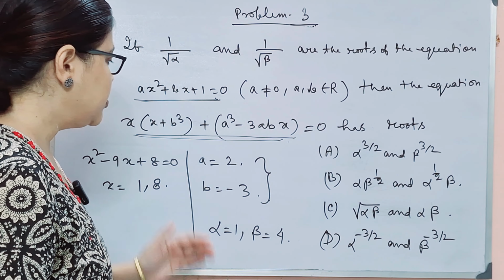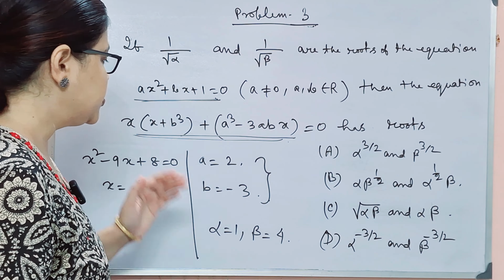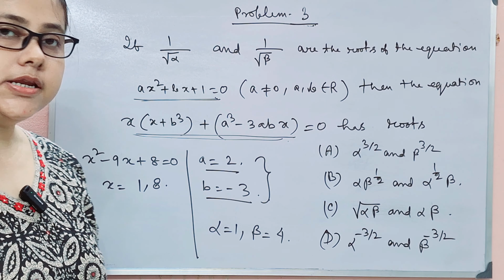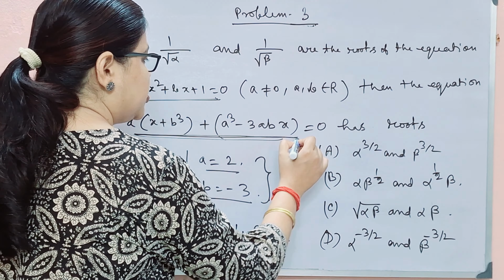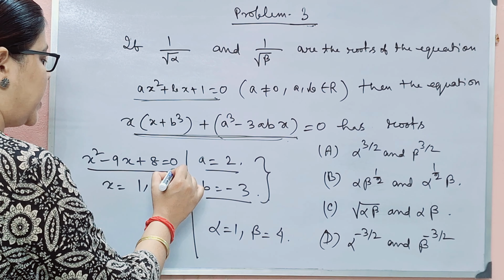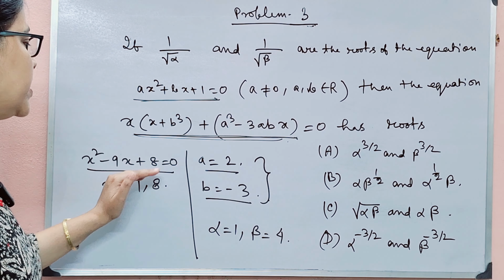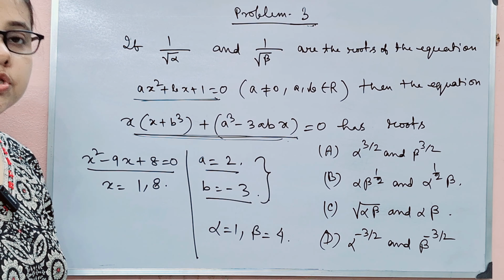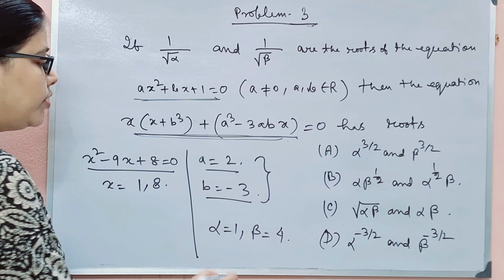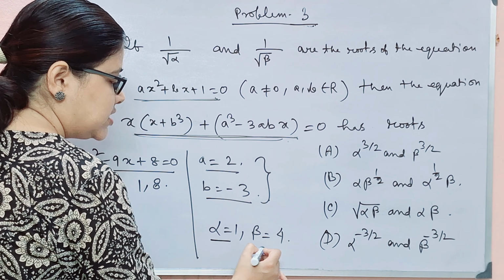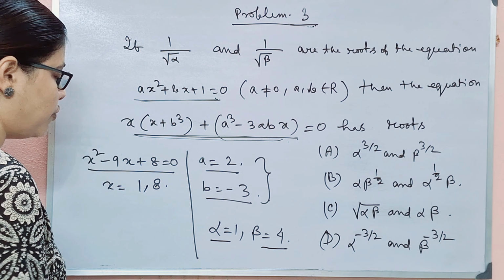Solving equations 1 and 2, we get a as 2 and b equals minus 3, and putting the values of a and b in this equation we will get x square minus 9x plus 8 equals 0, and x will be equal to 1, 8, as we had put alpha as 1 and beta equals 4.